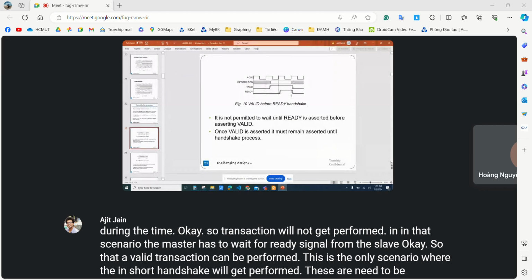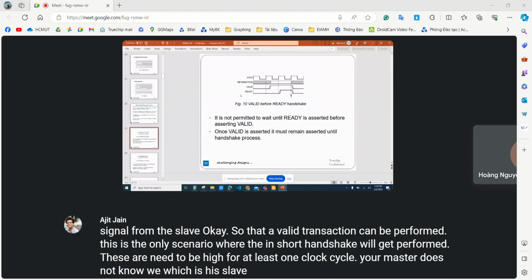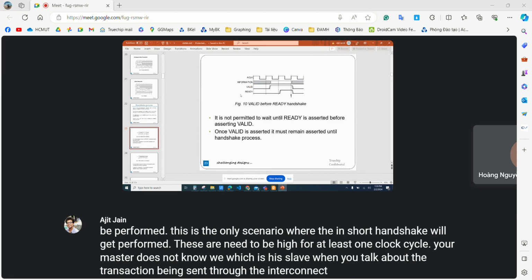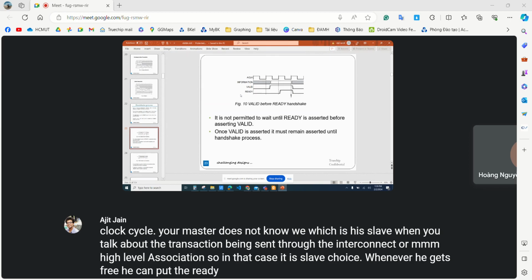These need to be high for at least 1 clock cycle, and your master does not know which is its slave when the transaction is sent through the interconnect or in high-level SoCs. So in that case, it is the slave's choice. Whenever it gets free, it can put ready high.